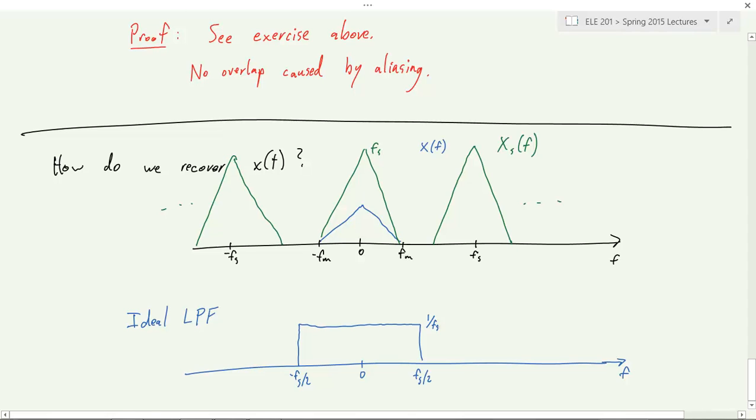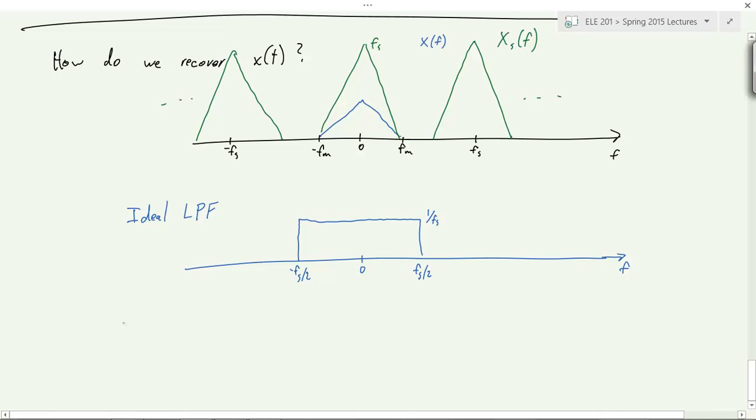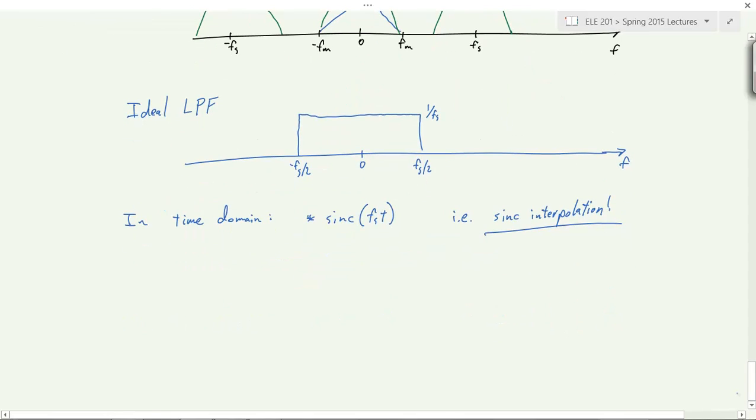So you see that this recovers. And in the time domain, what is this filter? It's a convolution with sinc of Fs t, which is exactly what we had called sinc interpolation. So now we see why sinc interpolation works. Assuming your signal is band limited, sinc interpolation is exactly going to recover it. See how easy that is once we know the Fourier transform?